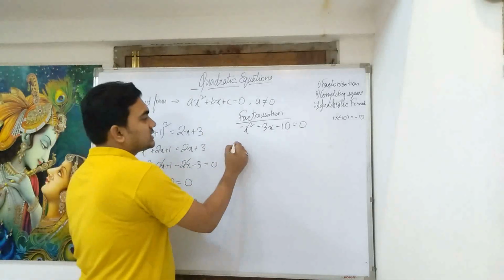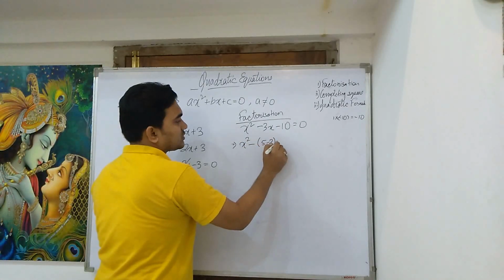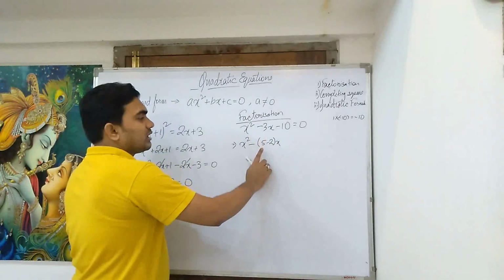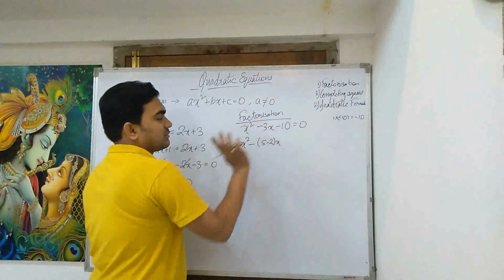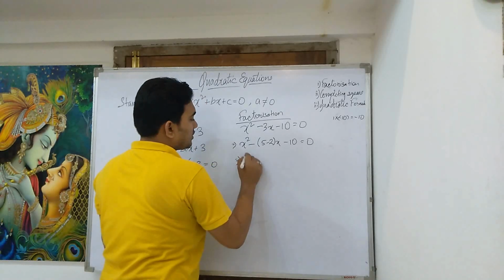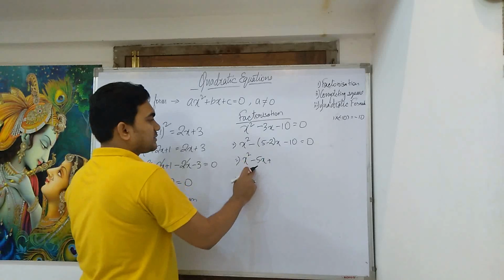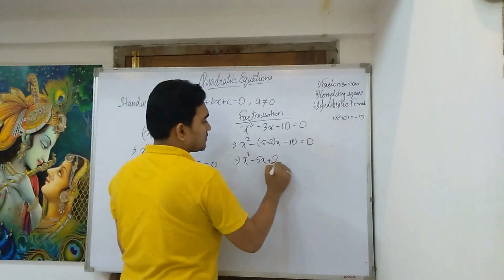So in this case we can say it's 5 minus 2. 5 minus 2 is 3. Again 5 into 2 is 10. So we will go for further simplification. Minus plus minus, minus minus plus.